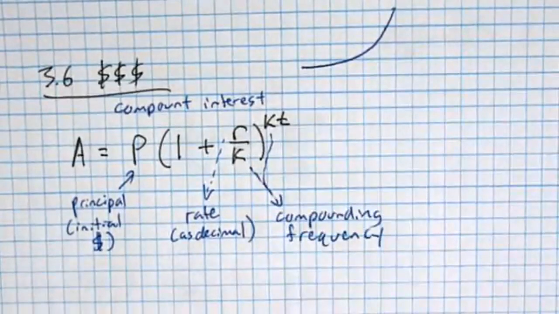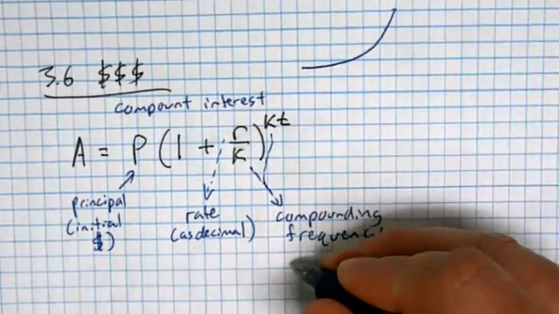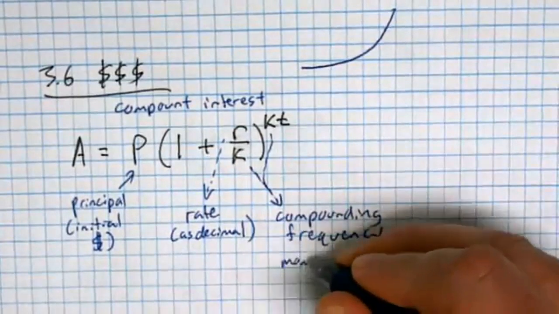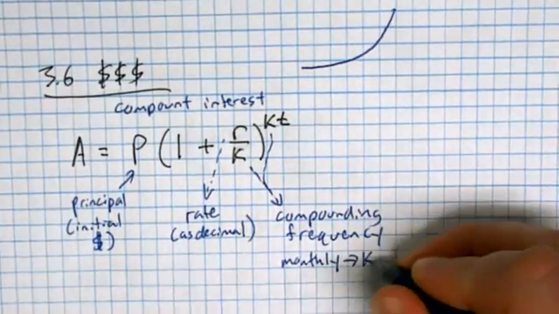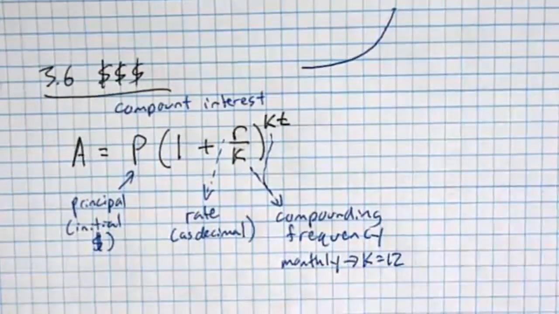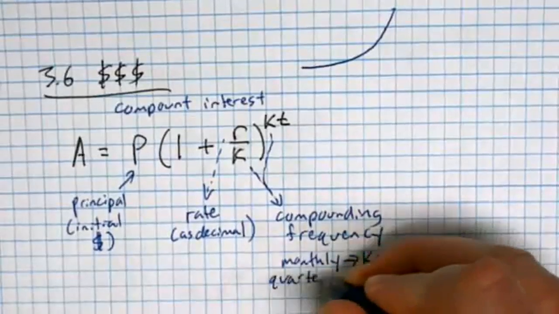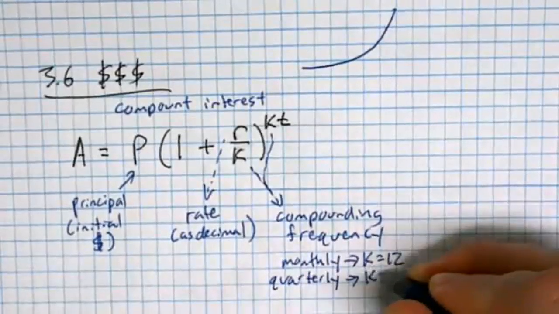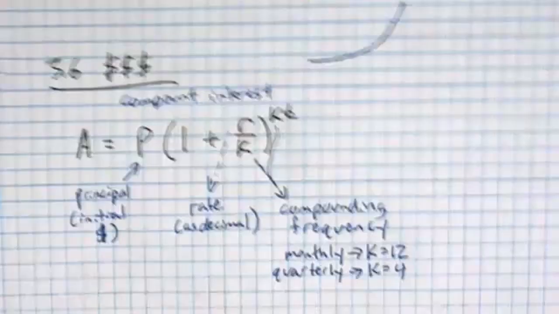So a lot of accounts are set up to compound monthly. If it's monthly, then K would equal, any guesses? 12. If it's quarterly, K would equal 4. If it's daily, 365.